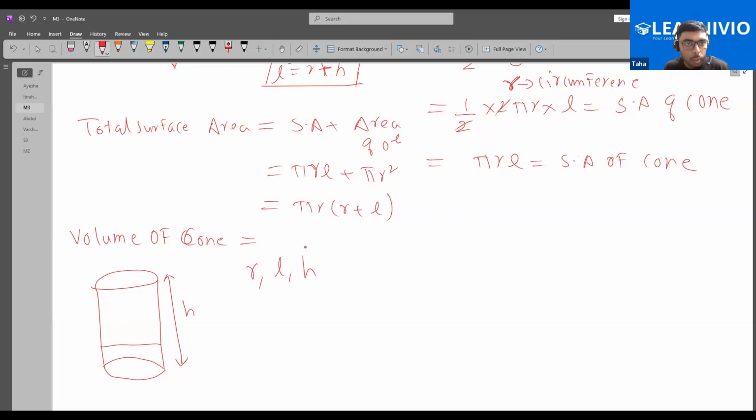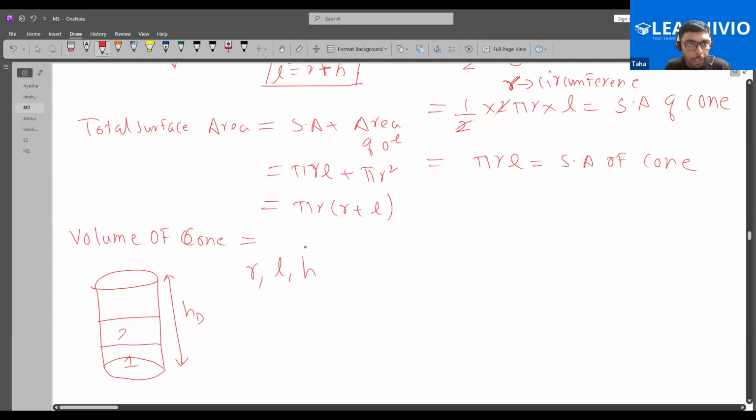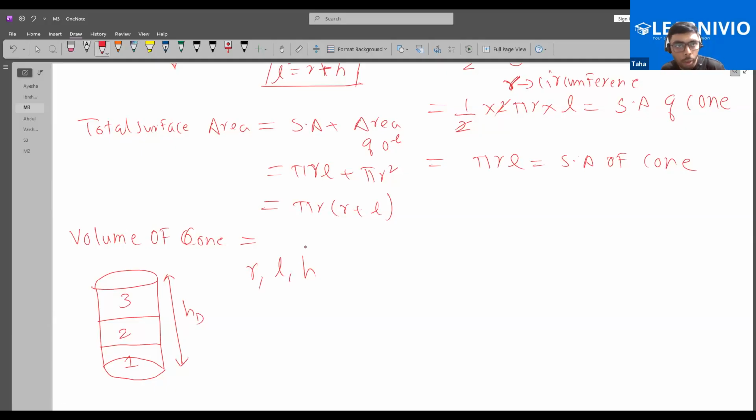What happened there is that it took three attempts, three full cones, to fill up one whole cylinder.